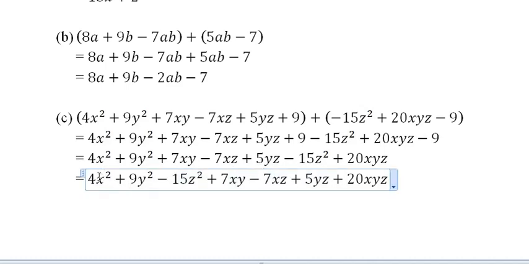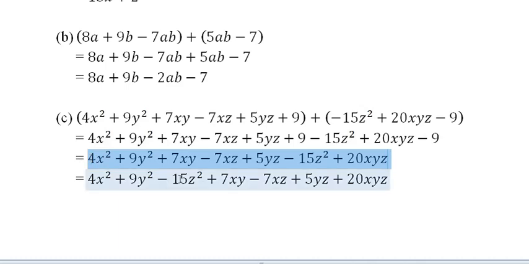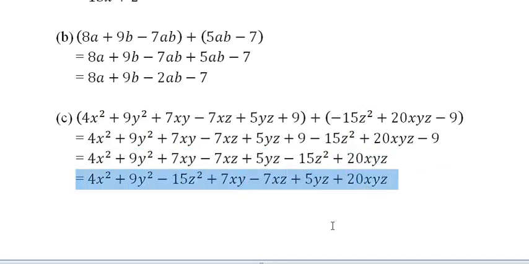Because you can see out here, we have the powers, that is x square, y square, z square, and then the combination of xy, xz and yz. Okay, and then the combination of all these three variables at the end. You can end your answer out here also, but it will be better if you arrange them in an order.